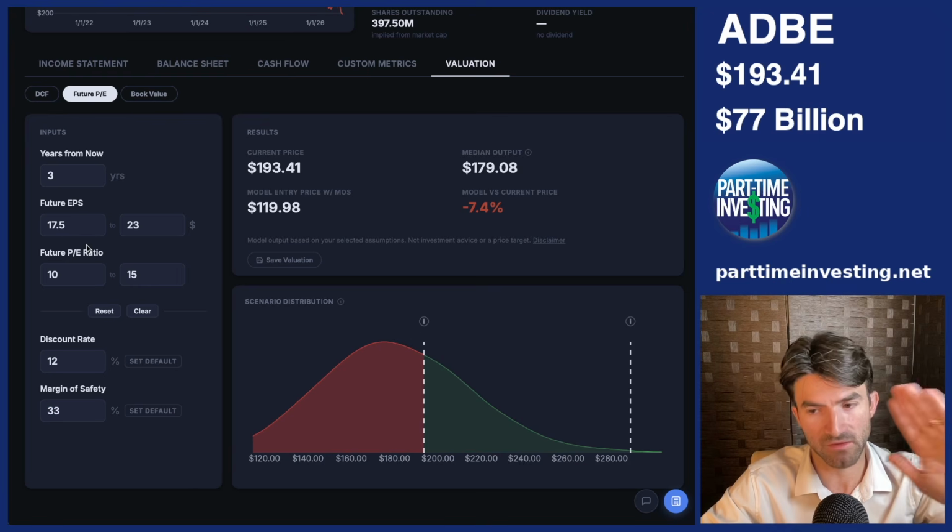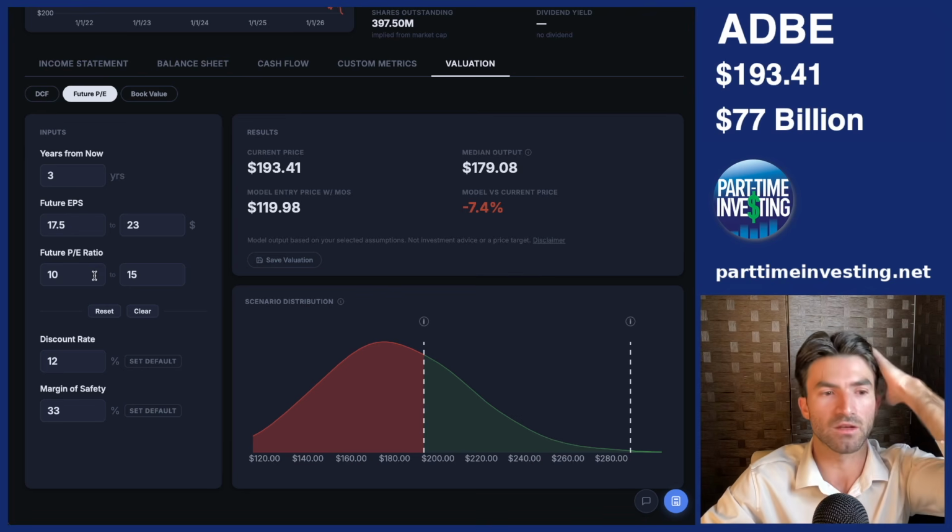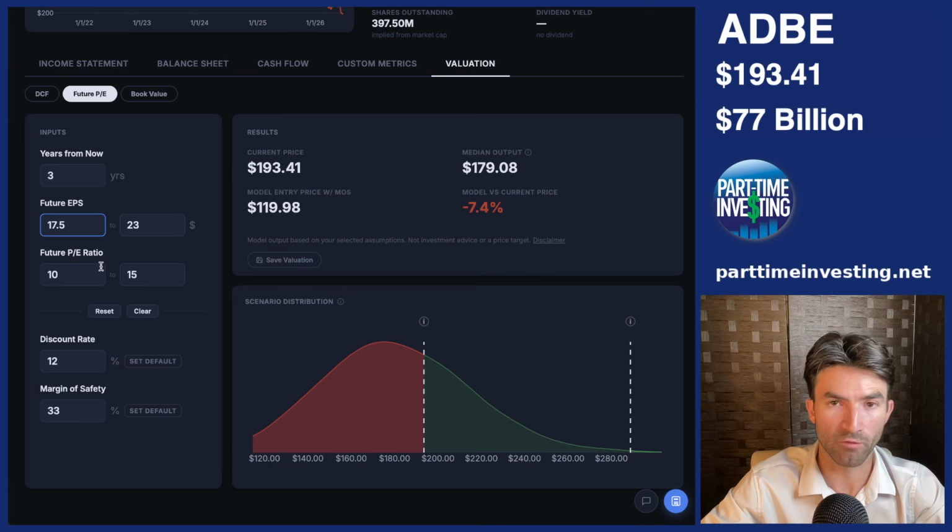But it's all assumption based, and that's the key thing to keep in mind here, especially the growth numbers. Anything that gets raised to an exponent is going to make a huge impact on your overall valuation. I mean, shoot, PE makes a big impact too.